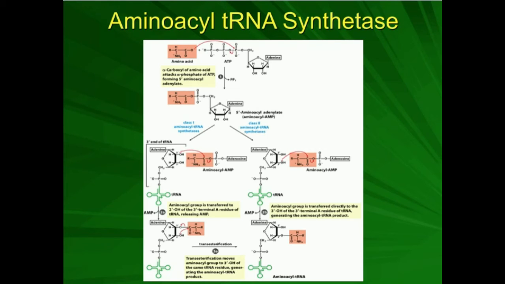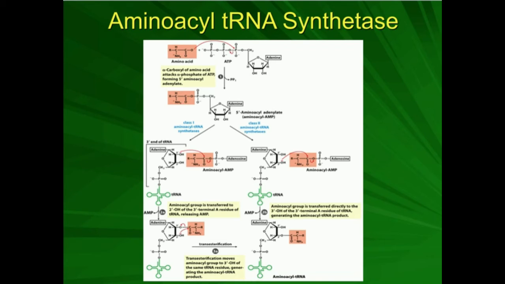The class 1 aminoacyl tRNA synthetases are a very indirect mechanism. In this case, the 2' OH is what's going to do the nucleophilic attack. It's going to attack in the same way, attack the ester carbon, facilitating acyl substitution and loss of adenosine monophosphate. However, now what you see is that we have the exact same linkage, an ester linkage between the amino acid and the ribose, except it's on the 2' position.